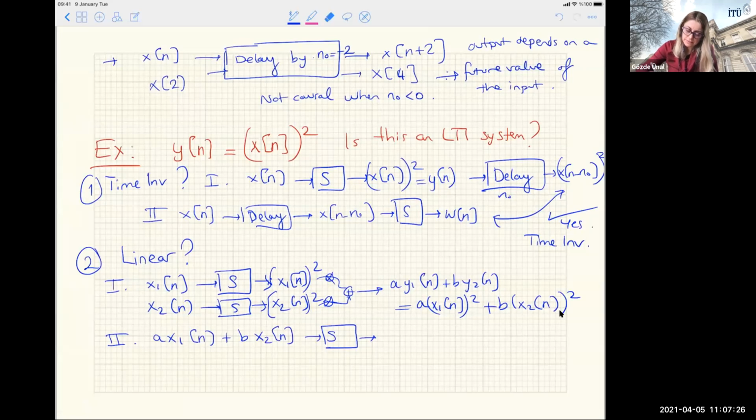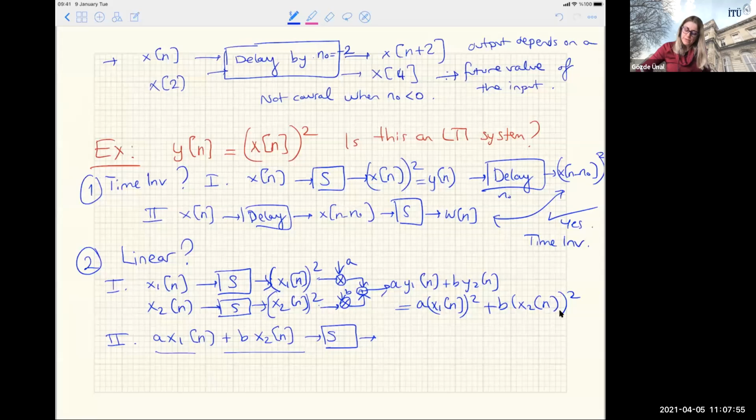Maybe let's write this nicely. Sum them up and take them out. So you have a x1 squared plus b x2 squared. They use only current time values. Now I have summed already, superposed the input.